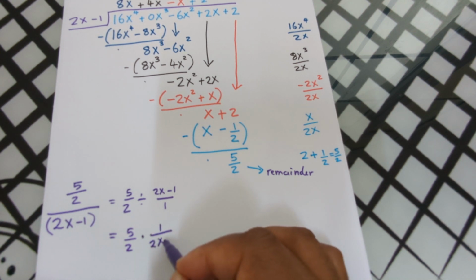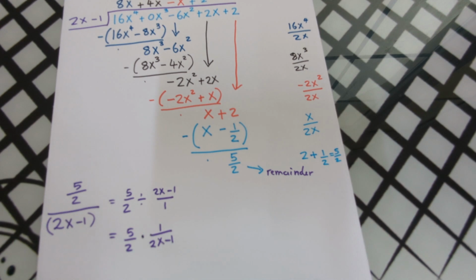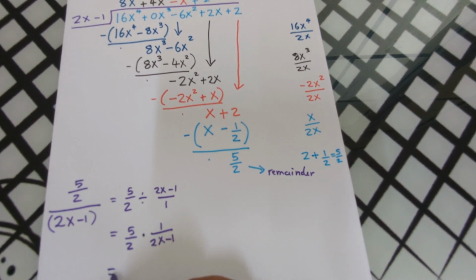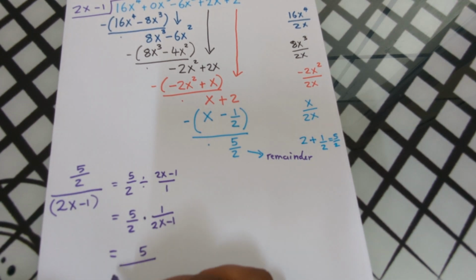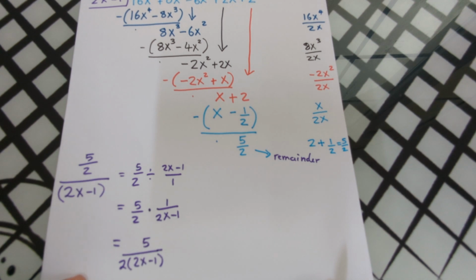So this one will be 1 over 2x minus 1, which can be simplified further into 5 over 2 open bracket 2x minus 1 close bracket. So this is our remainder in simplified form.